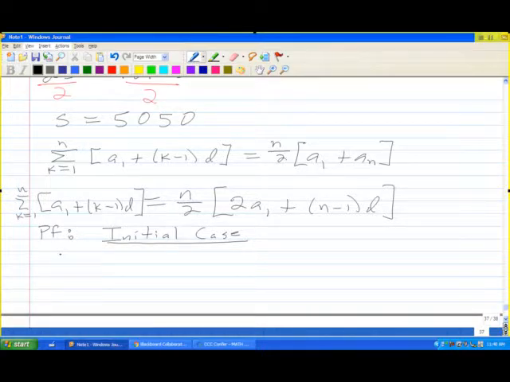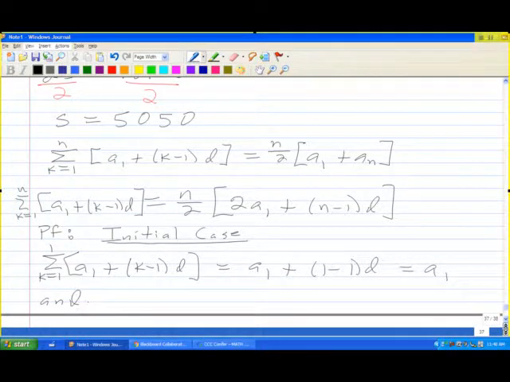So the sum, k equaling 1 to 1, of a1 plus k minus 1 d, well, that's equal to, replace k here by 1, that's a1 plus 1 minus 1 d, which is a1.